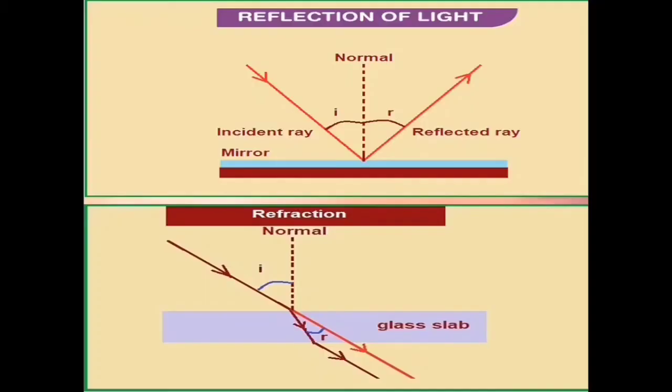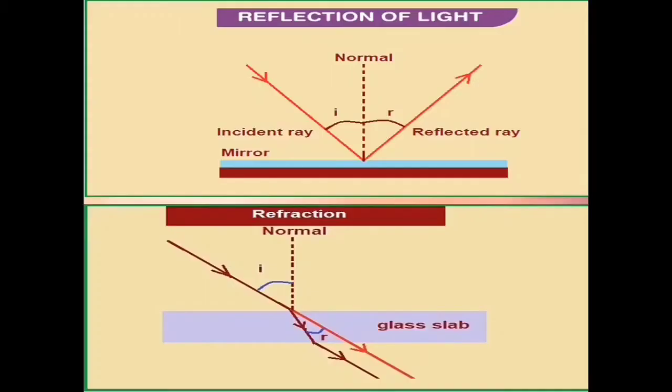Next, we will see the refraction of light. When a light ray is incident on one of the surfaces of the glass slab, in this diagram we are observing that the light ray is incident on the upper surface of the glass slab, and that light ray traverses from the rarer medium into the denser medium.